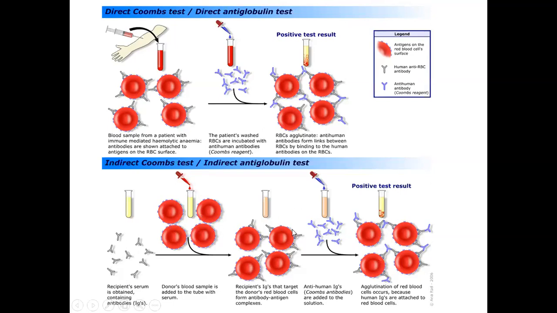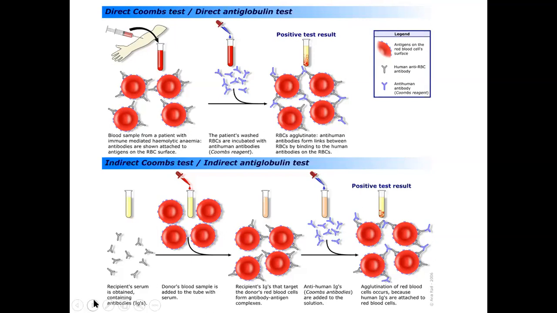Sensitization has occurred, but since there is no cross-linking between antibody targets on different red cells, we're not able to visualize it. So the antiglobulin reagent, namely anti-IgG, bridges that gap and targets the IgG molecules that are attached to the red cells in our test system. Now we are able to see the cross-linking and visualize that immune complexes had formed. Okay, so that is where we left off last time.